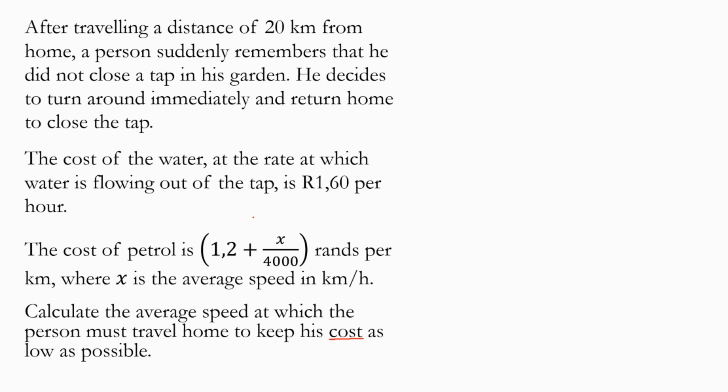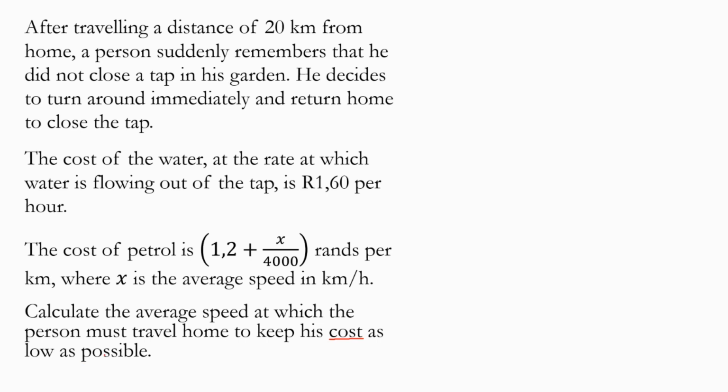So now we have to come up with an equation that will combine the cost of petrol and the cost of water, isn't it? And then we want to find the average speed at which the person must travel home to keep his cost as low as possible. It means the minimum cost. And then we're going to derive and equate our derivative to 0. Okay, remember the maxima and the minima.